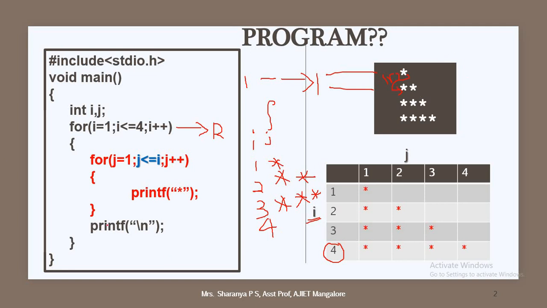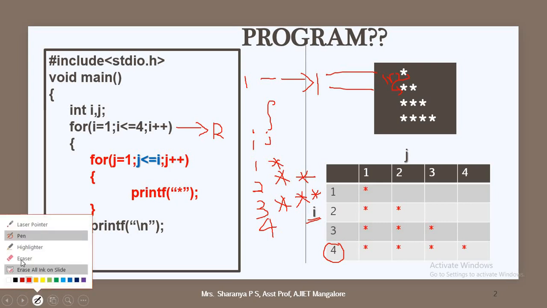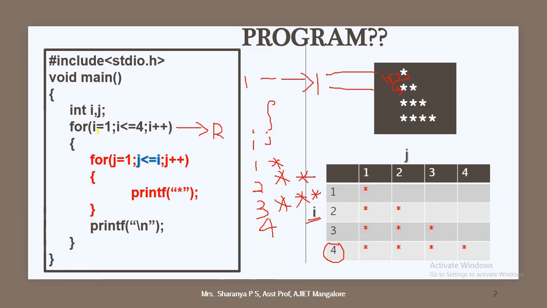Now, if we analyze how this code is working, we will begin the i value with 1. With the i value 1, it will come inside the loop. Next, with the i value 1, j is equal to 1. Here it will check whether 1 is less than or equal to i, that is nothing but 1.